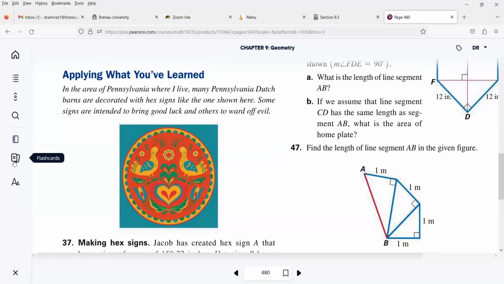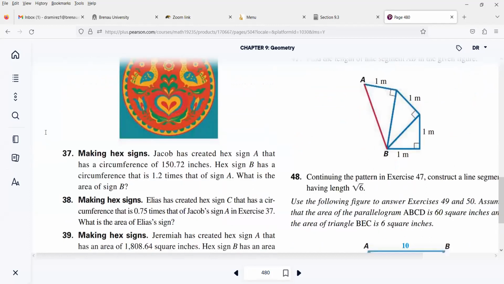In the area of Pennsylvania where the author lives, many Pennsylvania Dutch barns are decorated with hex signs like the one shown below. Some signs are intended to bring good luck and others to ward off evil. So let's do number 37.